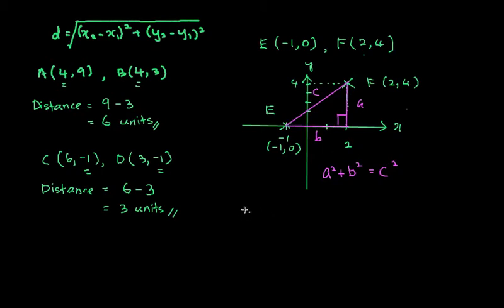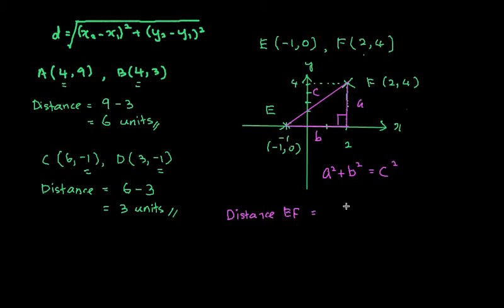So now we want to find the distance between point E and F. x2 minus x1. When you take x2 minus x1, actually you are calculating the length of this part.